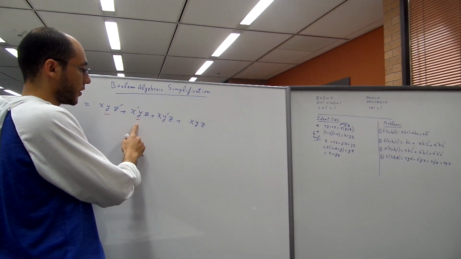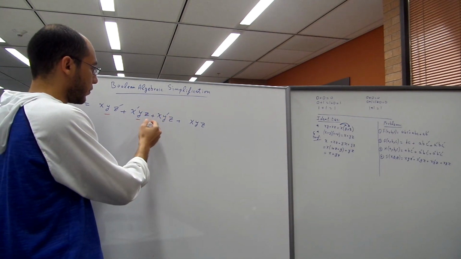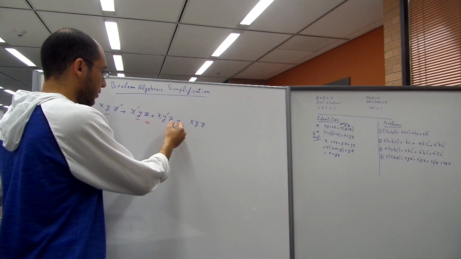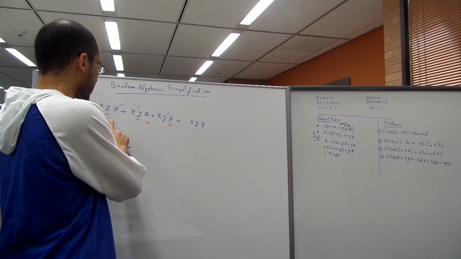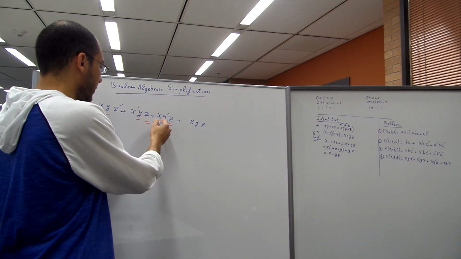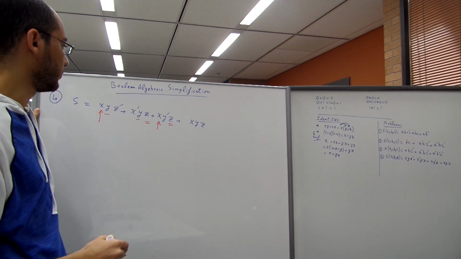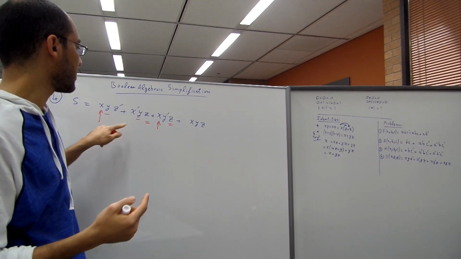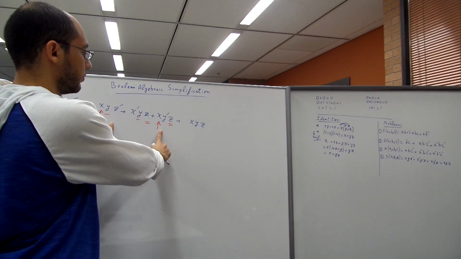So only one variable. This term and this term, we have only the z common. This term and this term, we have only the x common. So only one variable is common if I take these two, or these two, or these two.